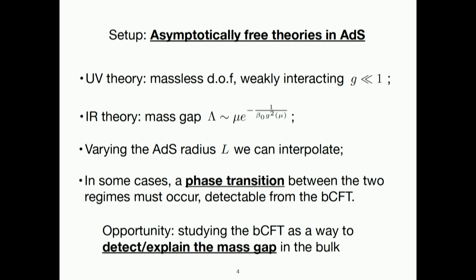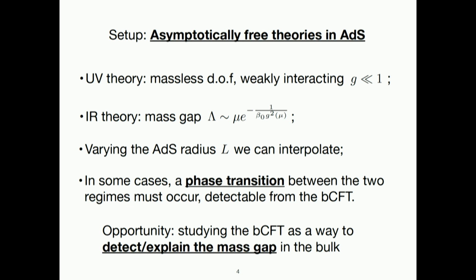And a nice feature is that in some cases, one can argue that there must be a sharp phase transition as we vary the radius L between these two regimes. And this phase transition is detectable in some drastic change of the boundary conformal field theory.